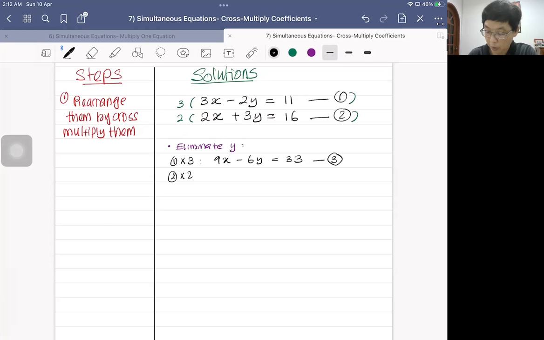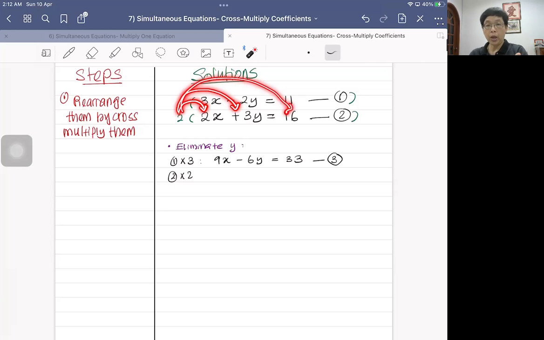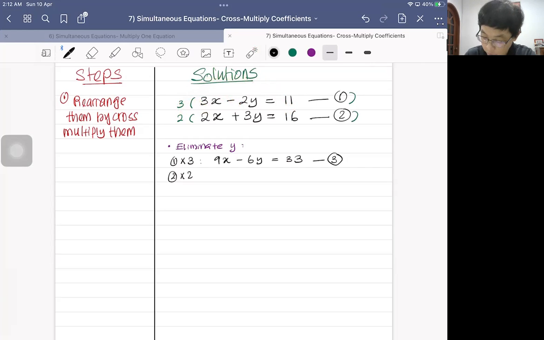The same thing, I'm going to multiply equation 2. You're going to expand the bracket, times 2 into the whole equation. So now you've got 4x plus 6y equals 32.